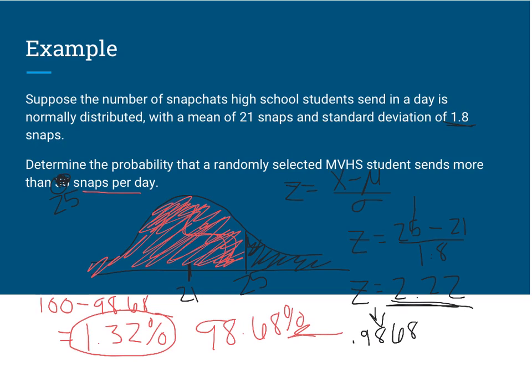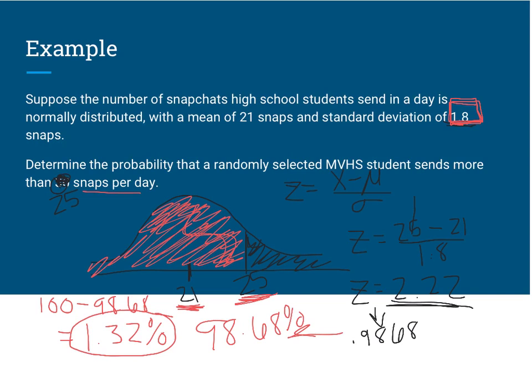Now, you may think that's a pretty low percentage for something that's so close to the mean. But remember, when we talked about standard deviation, when standard deviation is low, our data is all really close together around the mean. So this short gap, if 1.8 is my standard deviation, that's close to 2.